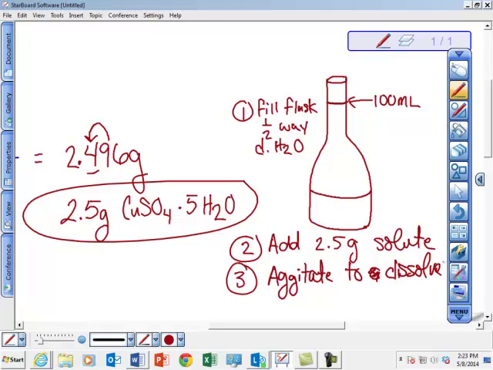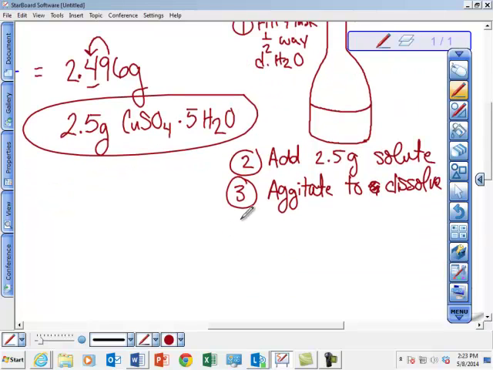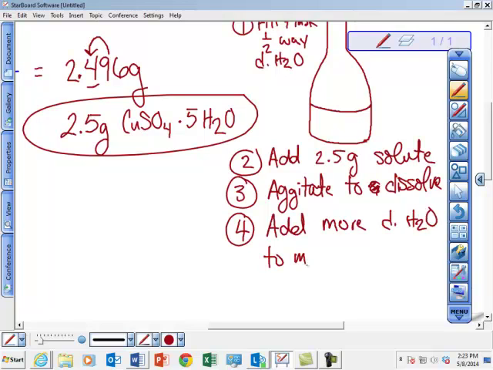And in case you miss any of this, it's also in the background information for your technique. Okay. So after it's dissolved, then what can you do? Add more distilled water until you hit the mark on the flask. And when you add more distilled H2O to the mark on the flask, when you get really close to the mark, you know what you need to switch to?